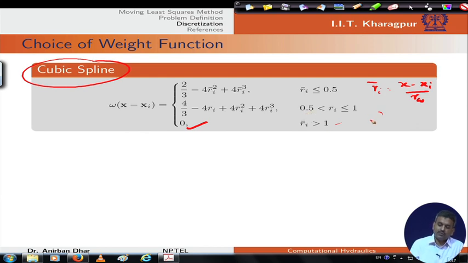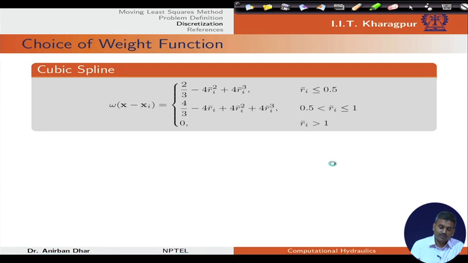From 0.5 to 1 we have one variation, and below 0.5 we have another kind of variation. So, this is a continuous function. Again we can use these weight functions for calculation of our problems.